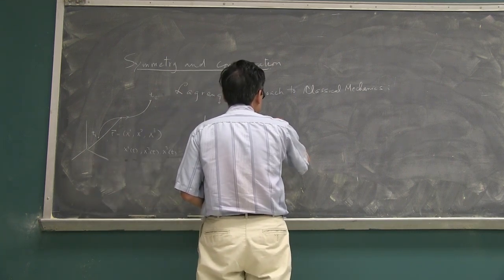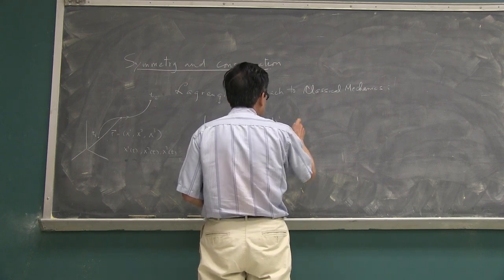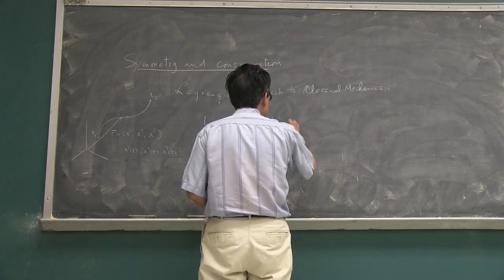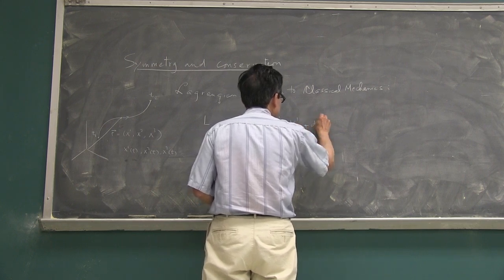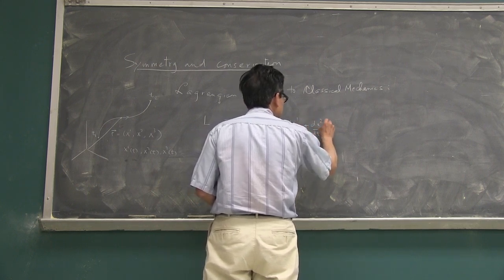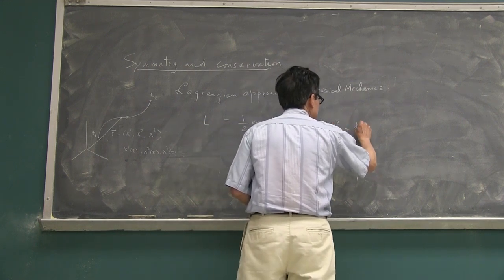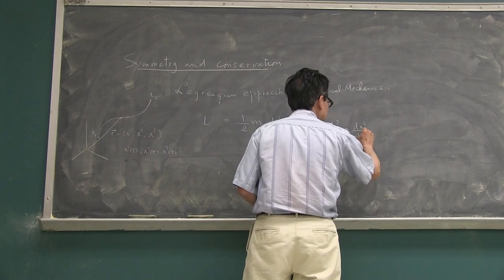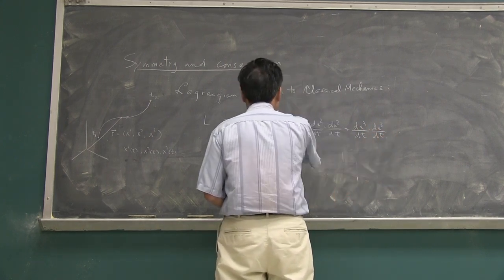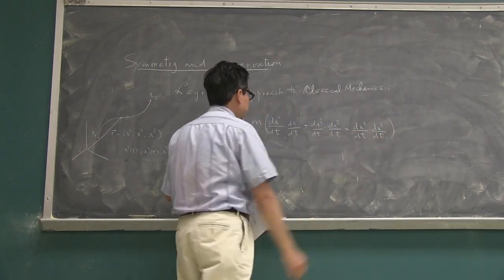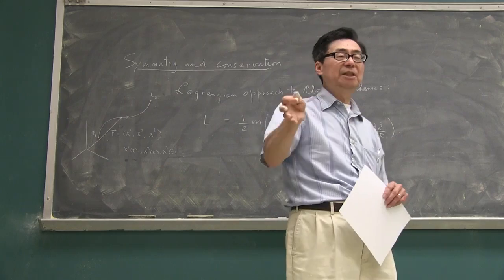So it's basically dx1/dt times dx1/dt plus dx2/dt times dx2/dt plus dx3/dt times dx3/dt. Okay? So this is 1/2 m v squared. V squared is v dot v.